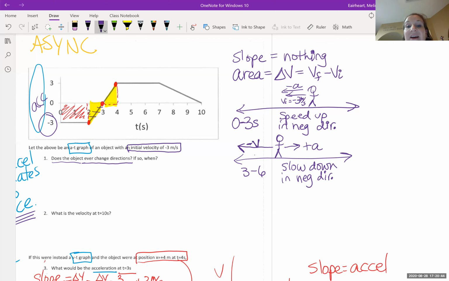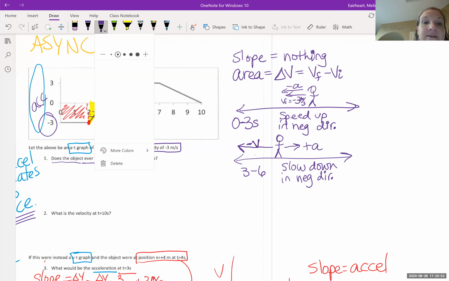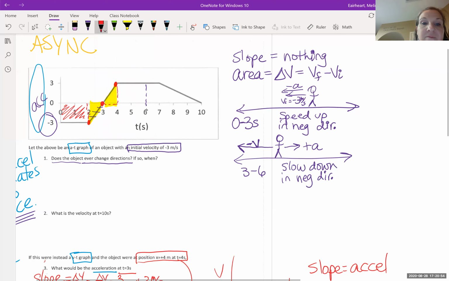And so 3 to 6 seconds, yes, even the 3 to 4, and then the 4 to 6, okay, all that, show that for a second. Those segments, 3 to 4, 4 to 6, all have that slowdown in the negative direction.